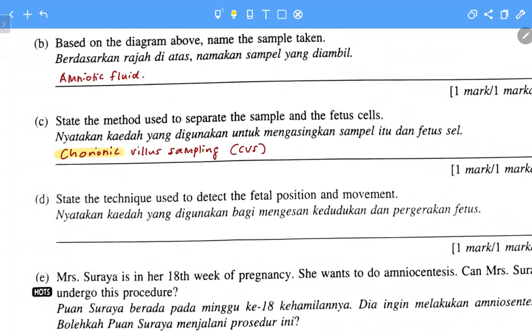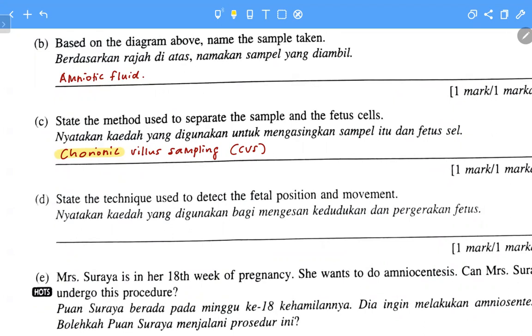State the technique used to detect the fetal position and movement. So what this means is, how do you actually view the baby? When couples want to know how their fetus is doing or how it looks, technically you can't really see how it looks in real life, but you can roughly see the figure and the shape of the fetus.